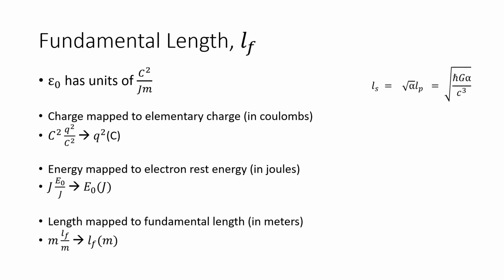In a similar manner, we scale the arbitrary amount of a joule to the rest energy of the electron. Finally, the meter is scaled to a fundamental length, which at present we don't know what it is, so is simply hypothesized to exist. Our goal will be to determine this value.